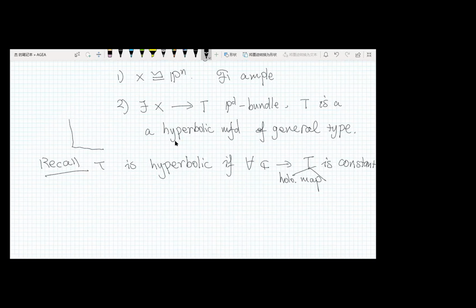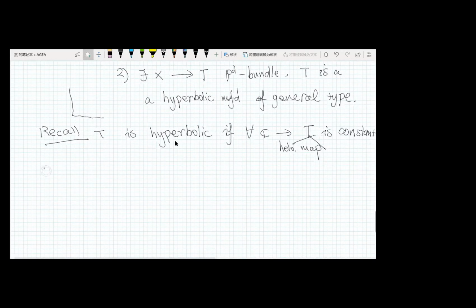As a corollary, we get a new characterization of the projective space.